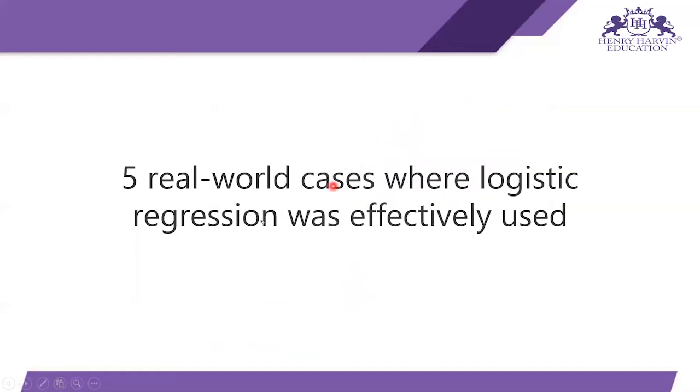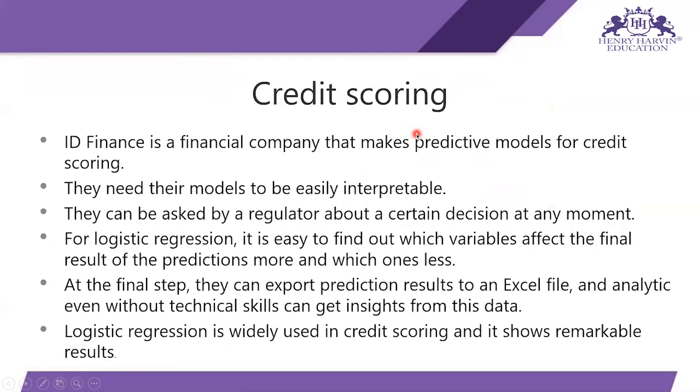Now I'm going to tell you about five real world cases where logistic regression was effectively used. First, credit card scoring. ID Finance is a finance company that makes predictive models for credit card scoring, and they need their models to be entirely interpretable. They can be asked by a regulator about a certain decision at any moment.